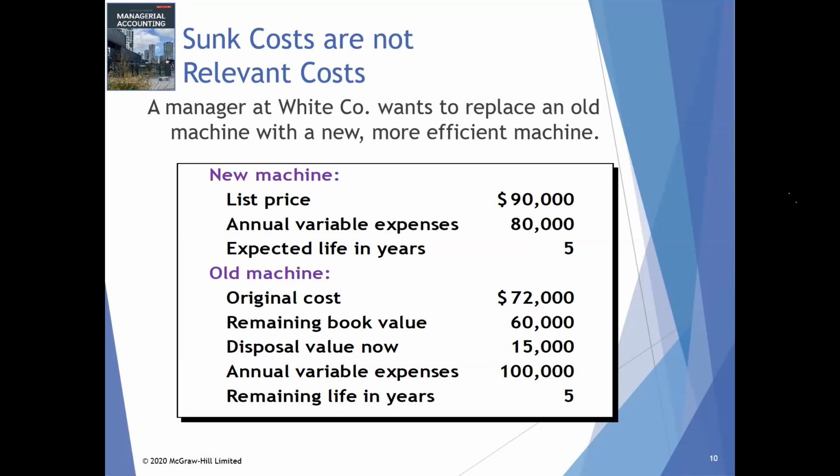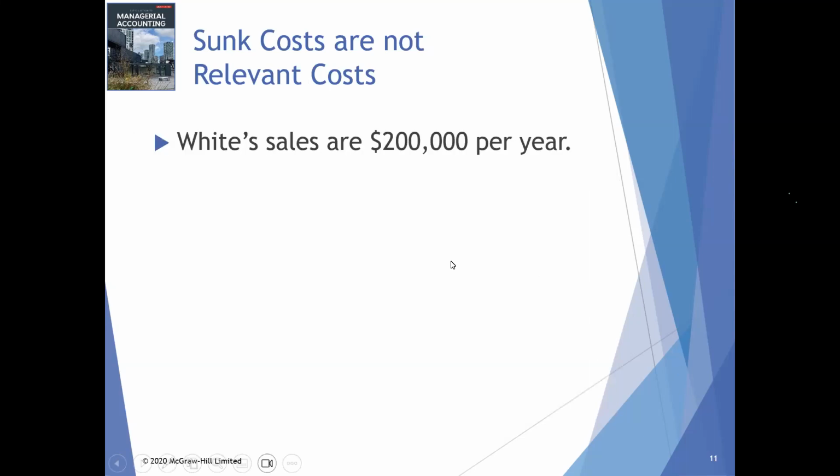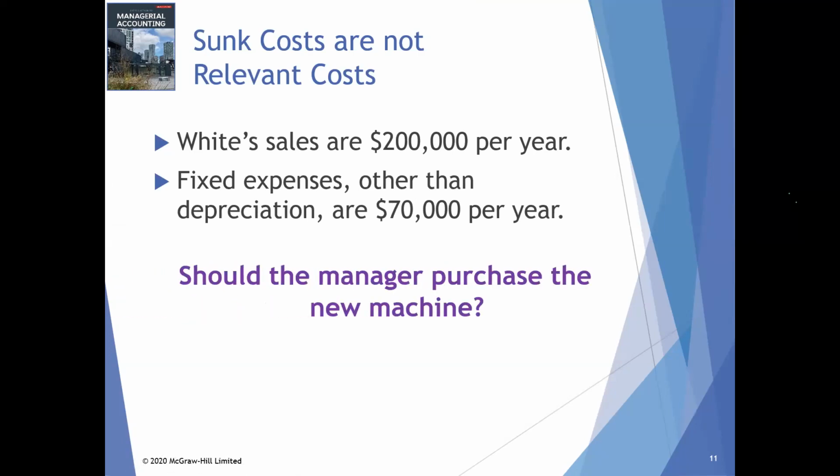Now, normally, in this case, some of the costs are not relevant. As we discussed, sunk costs are not relevant. For example, say this company's sales are $200,000 per annum, and fixed expenses other than depreciation are $70,000 per year.